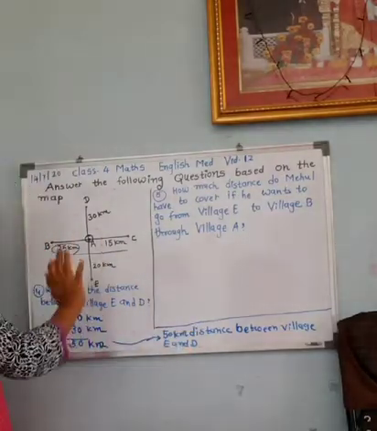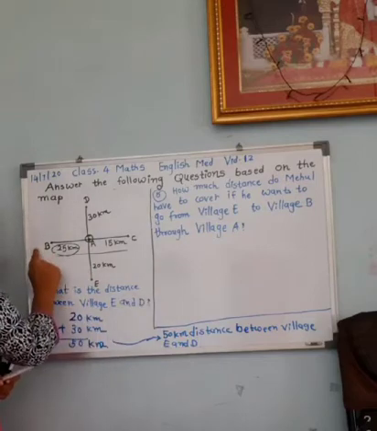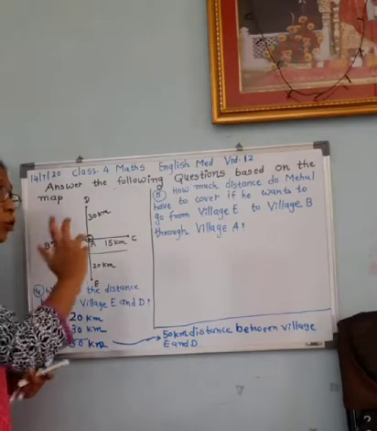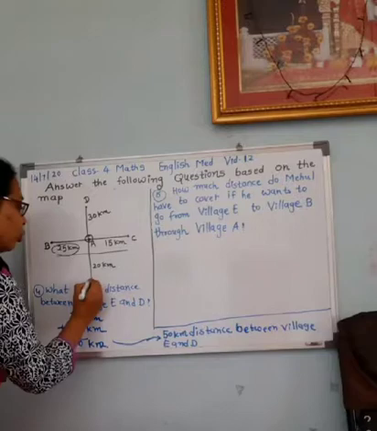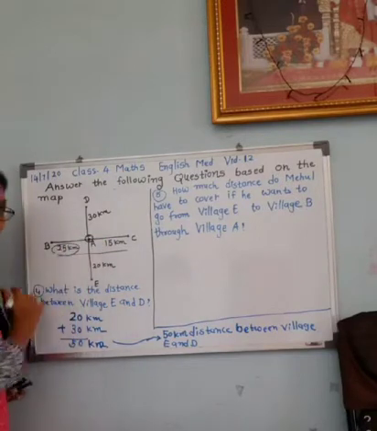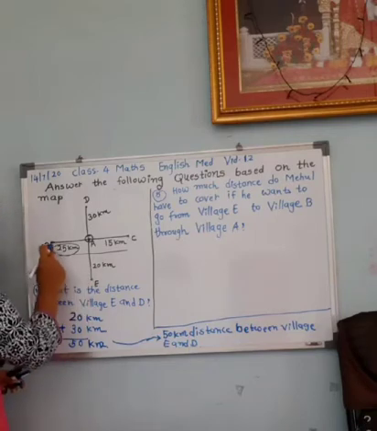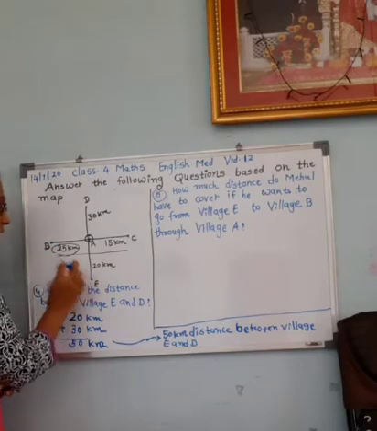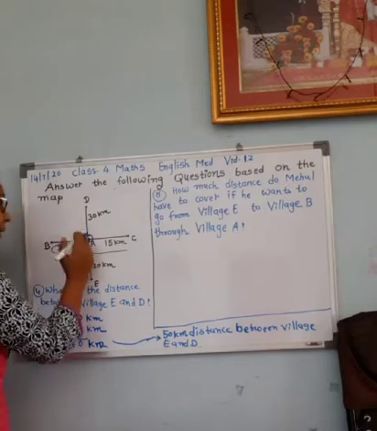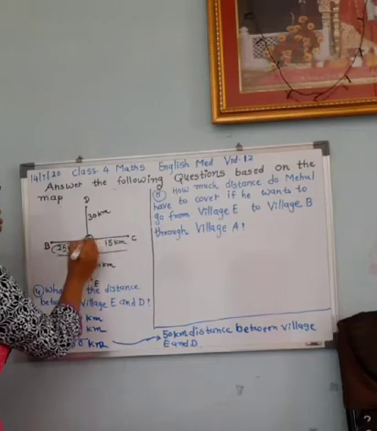Suppose he is here and he wants to go to village B. So how can he go? First he goes to village A, then from A to B. He can't directly go. So first he has to go to village A, then A to B.